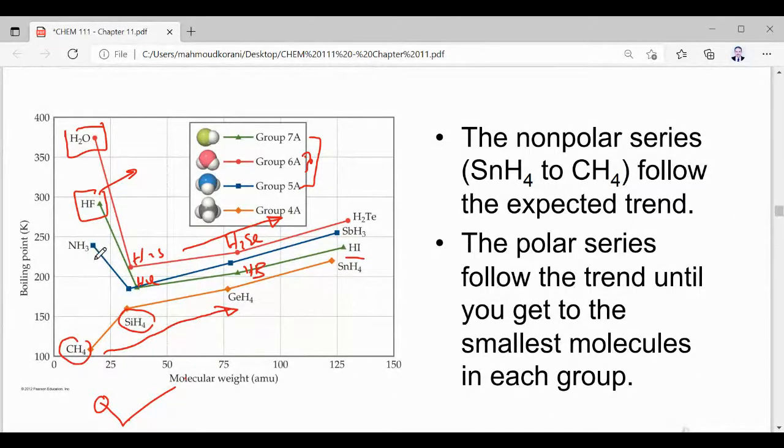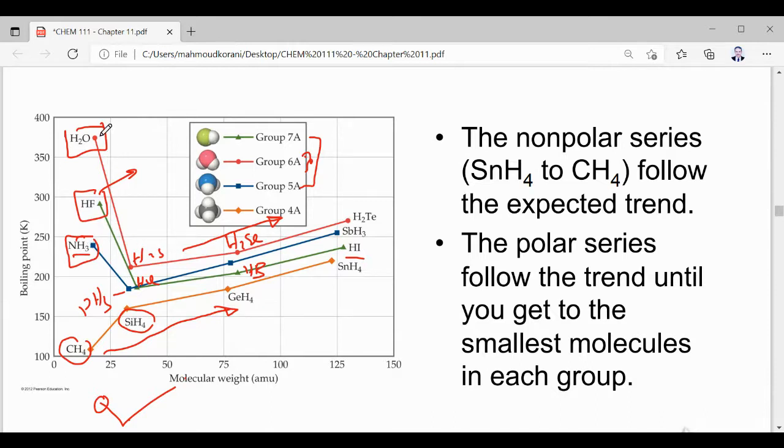The same happens for nitrogen, NH3, and phosphorus, PH3, and so on. The behavior is normal from phosphorus onward, while the anomaly comes for ammonia, NH3, due to its polarity.